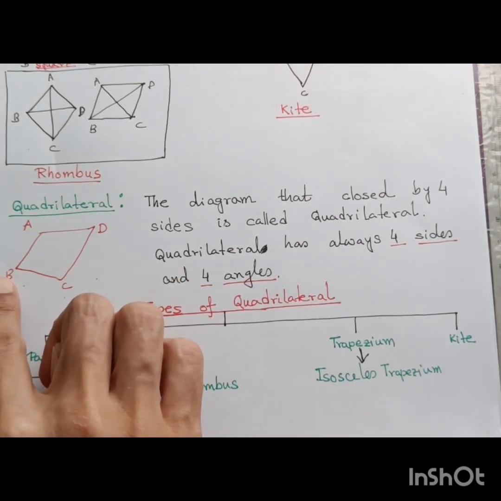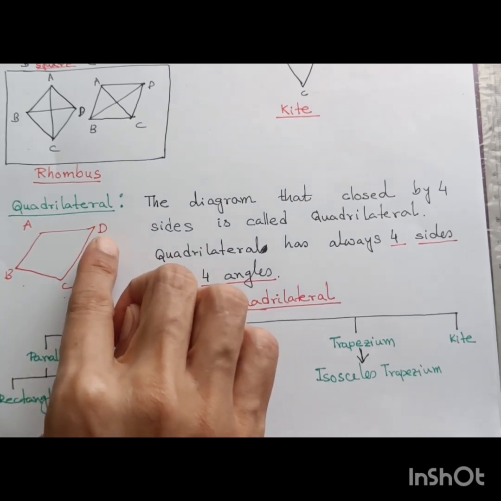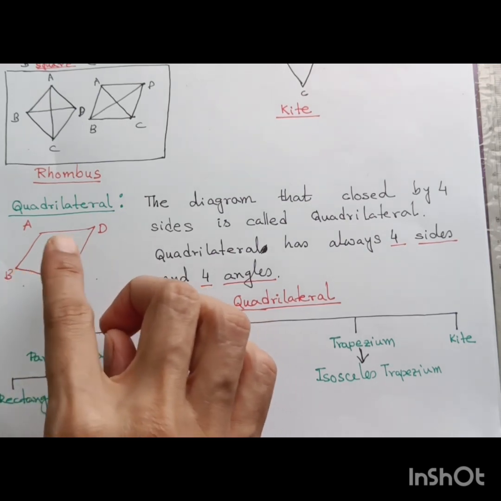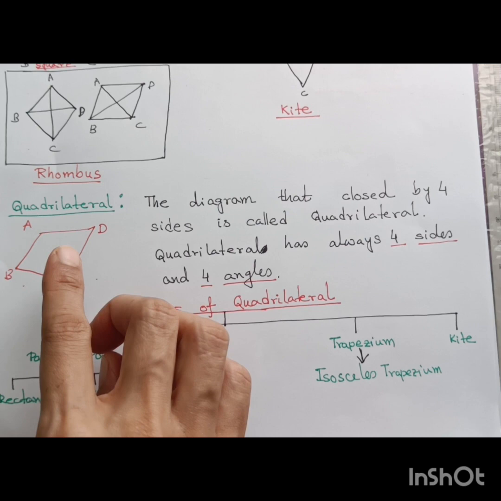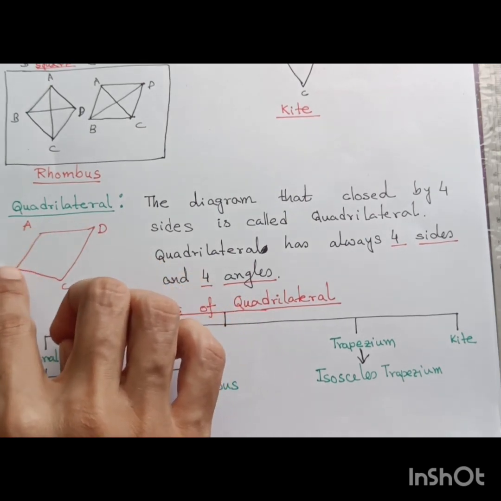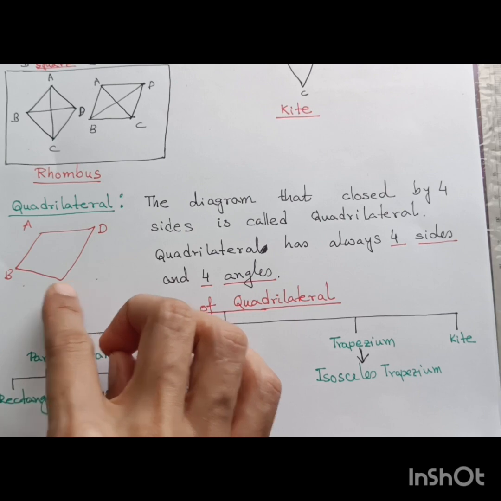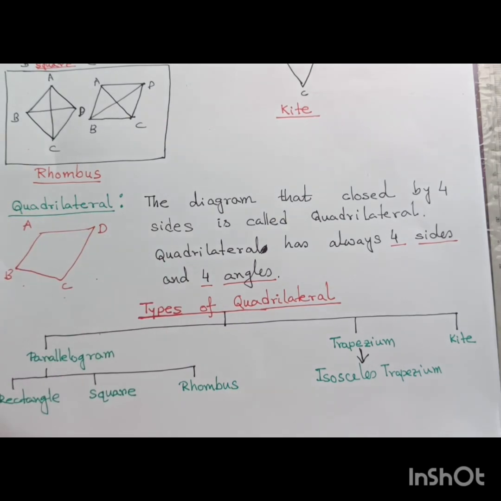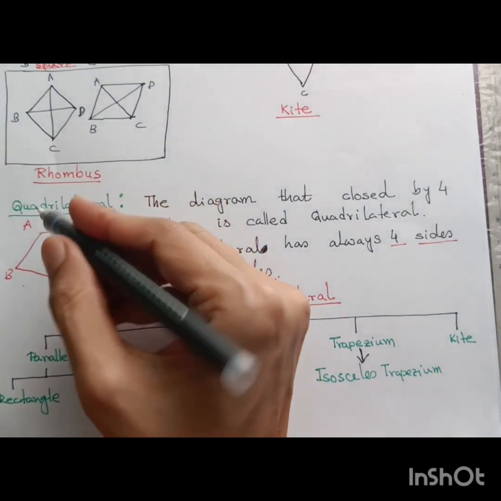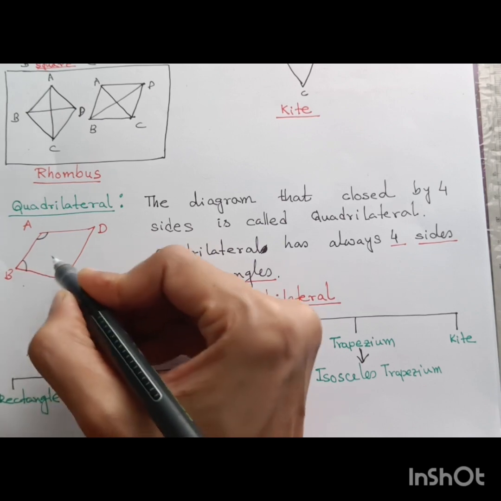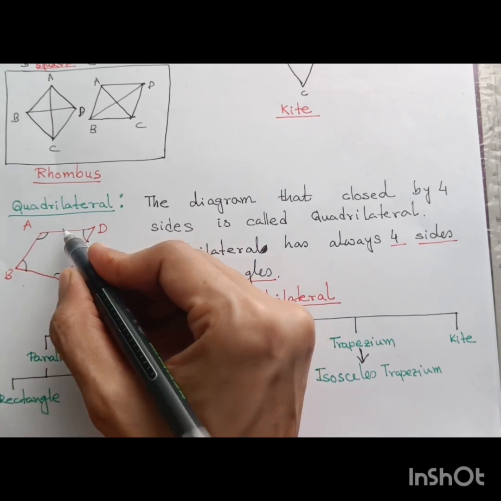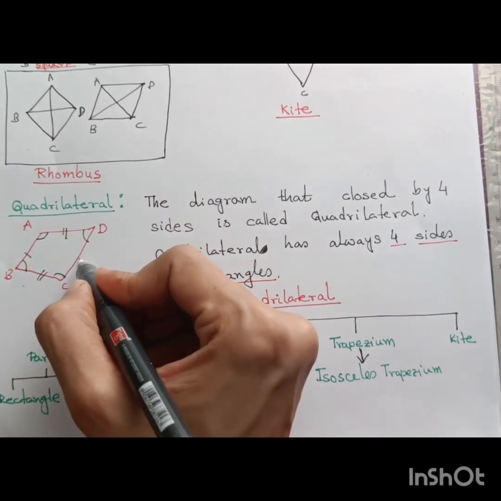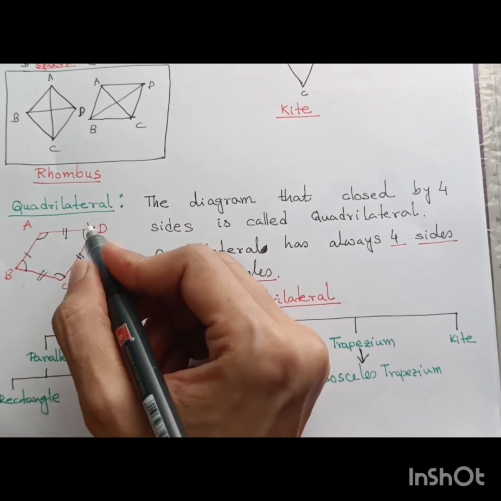Here the lines AB, BC, CD and DA make the diagram a quadrilateral. DAB, ABC, BCD and CDA are the angles. Here one angle, two angle, three angle, four angle. So one side, two side, three side, four sides. Four sides closed.